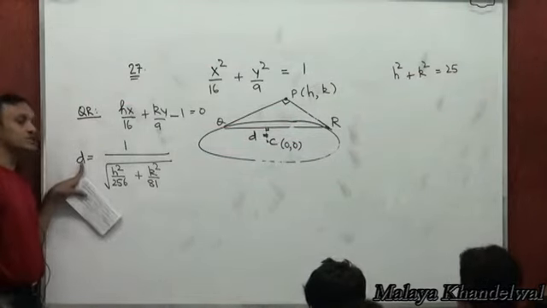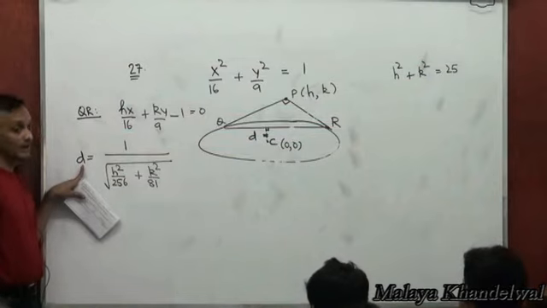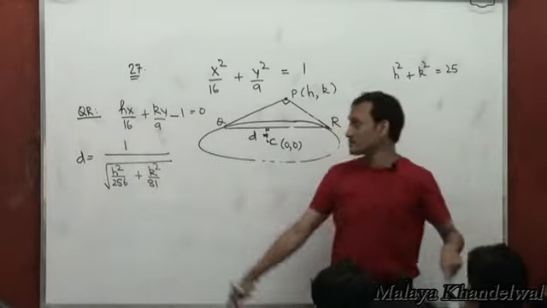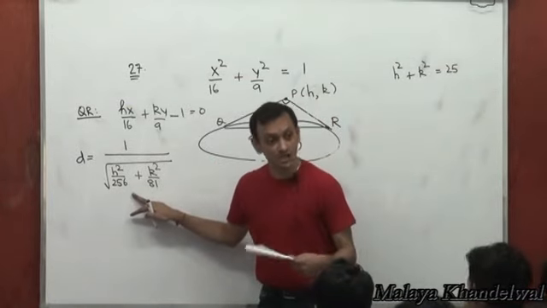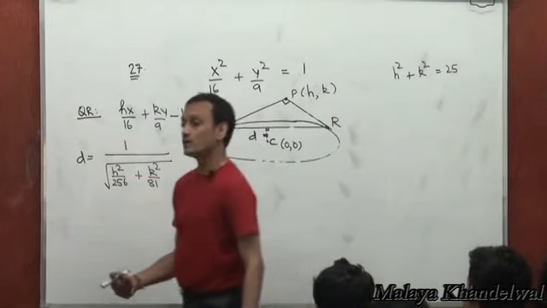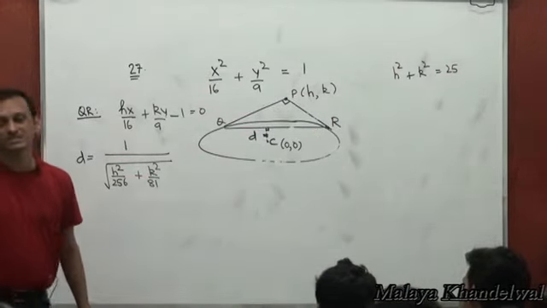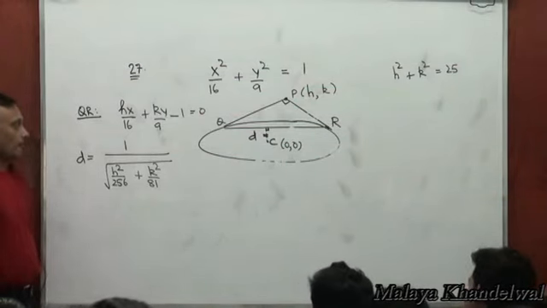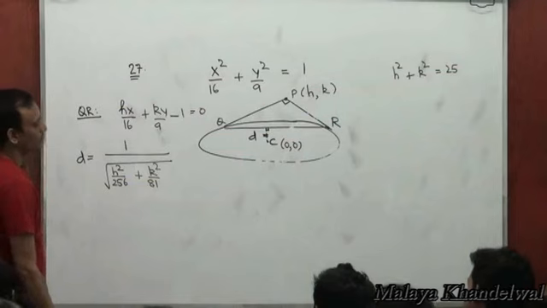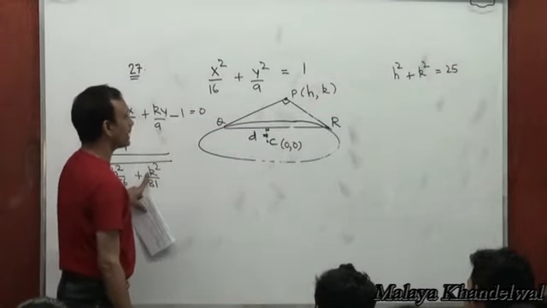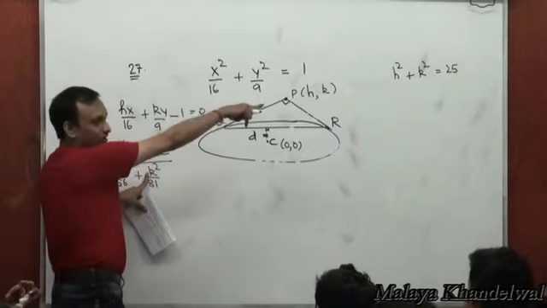We want to find d max. For different (h, k) satisfying this equation, we get different values of d. We want to find the maximum d that could be obtained. Now, what I can do is write this k squared as 25 minus h squared.